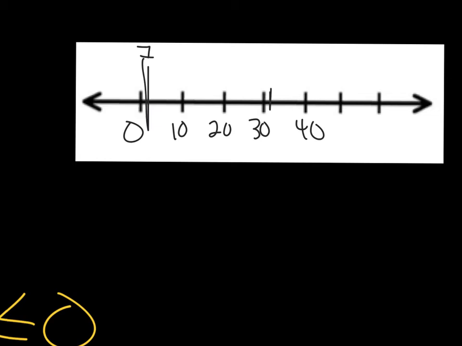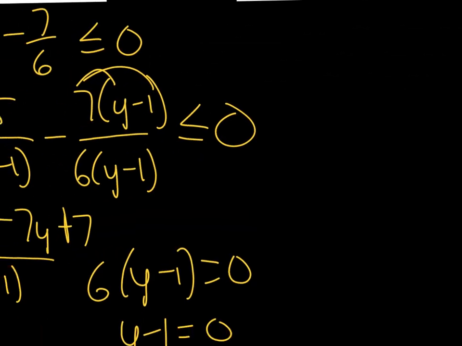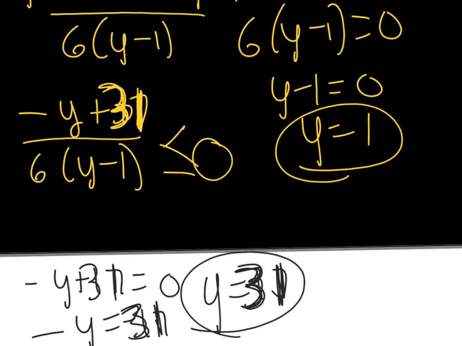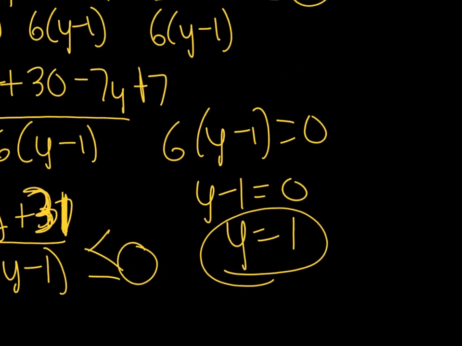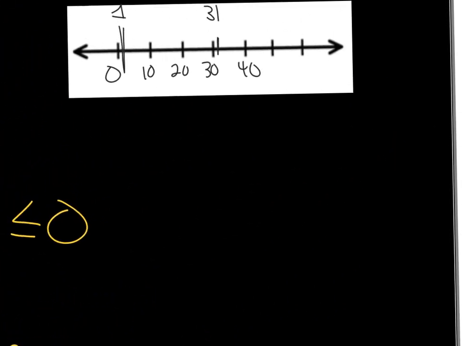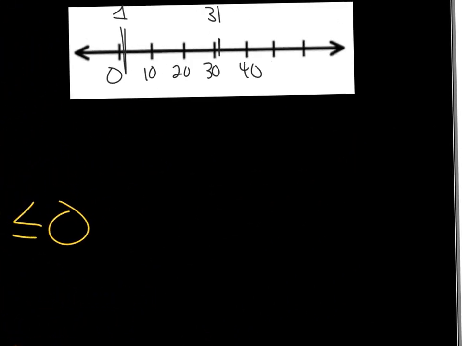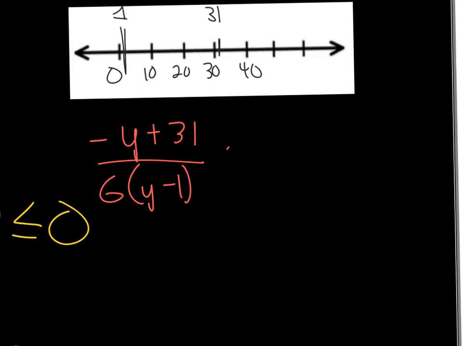I've got a gap here at 31. So now that's kind of my range. So what I'm trying to figure out is where is everything less than 0? Okay, so I want negative y plus 31 over 6y minus 1 less than or equal to 0.